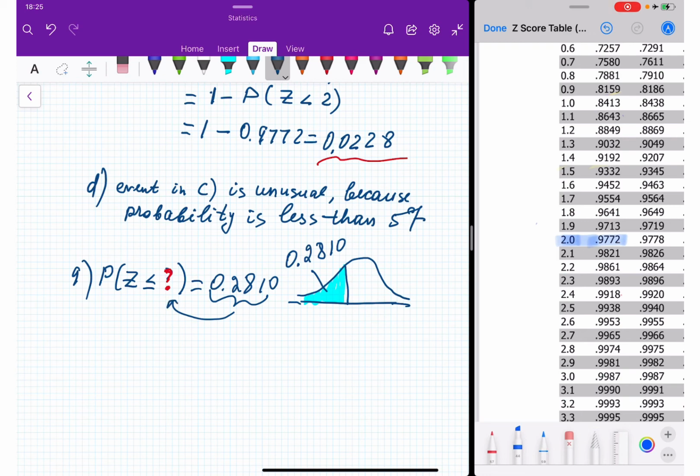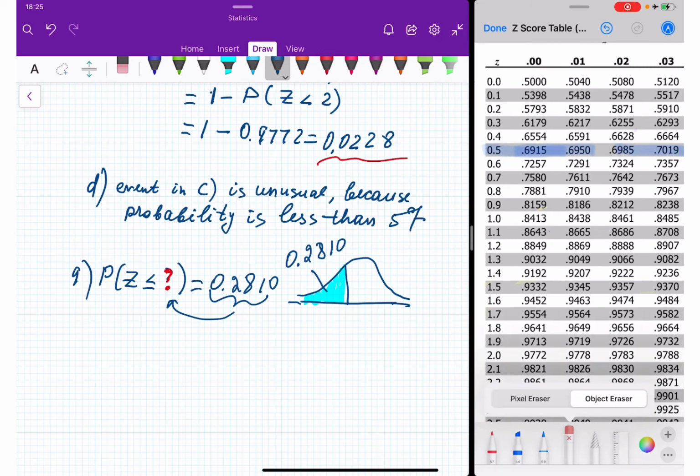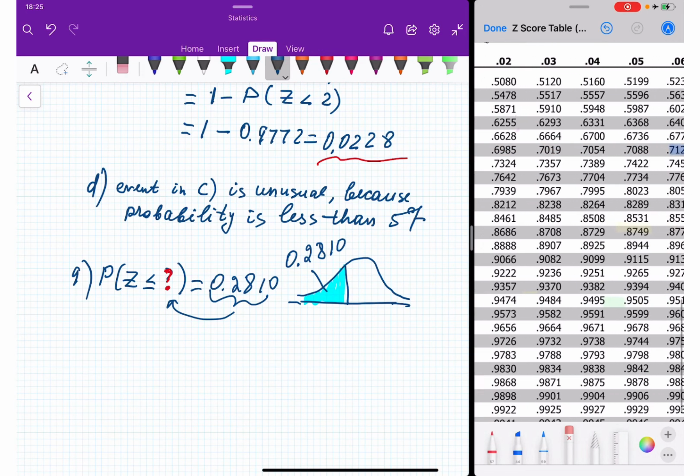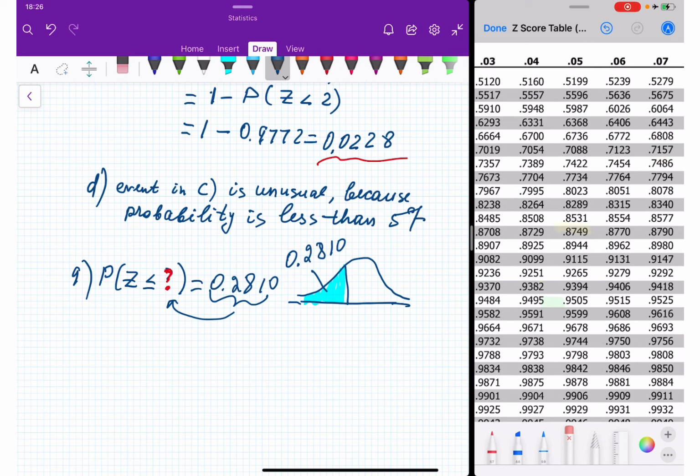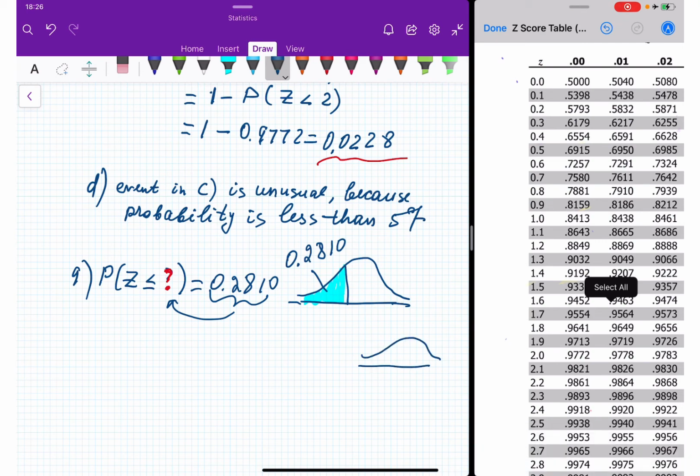So what do we have to do? We have to find 0.2810 in the area in the body. This is the body. But here is a question. Am I going to look in the negative or positive z-score table? Remember what I said previously. This is 50%. Z-score is 0, low 50%, upper 50%.